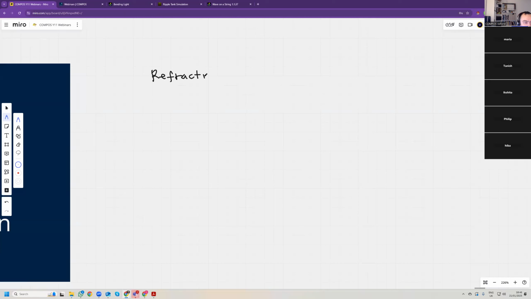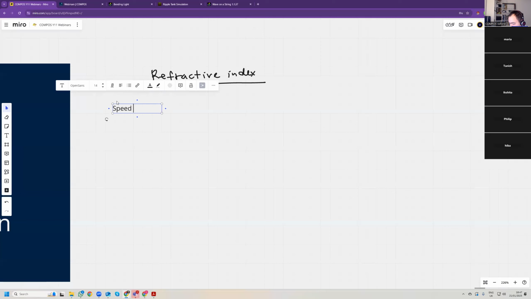Refractive index. Well, the speed of light is different in different materials.